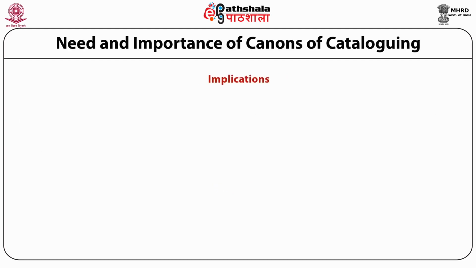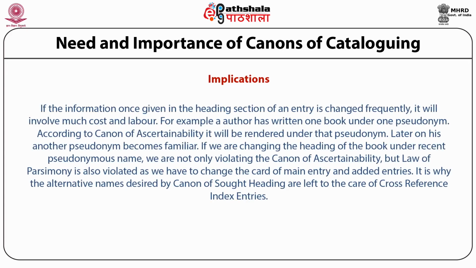Implications of this canon. If the information once given in the heading section of an entry is changed frequently, it will involve much cost and labor. For example, an author has written one book under one pseudonym. According to the Canon of Ascertainability, it will be rendered under that pseudonym. Later on, his other pseudonym becomes familiar.